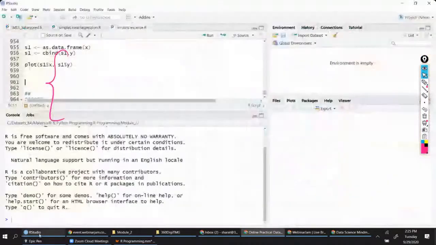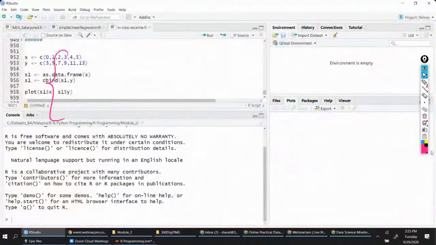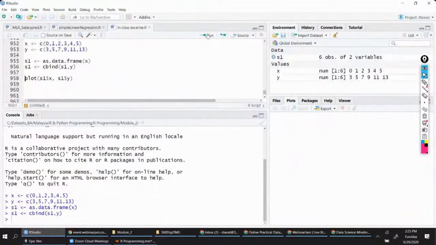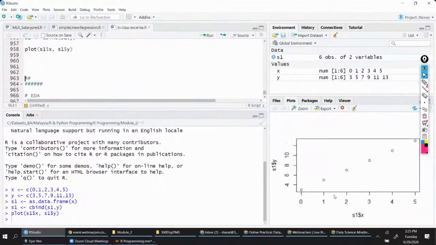So let me take the data set here. We were looking at the data yesterday. So this is my data. I created two variables. On the screen, you can see, just say plot of x comma y, and it gives us the scatter. In this scatter diagram, you can see that the data is falling on a perfect straight line.